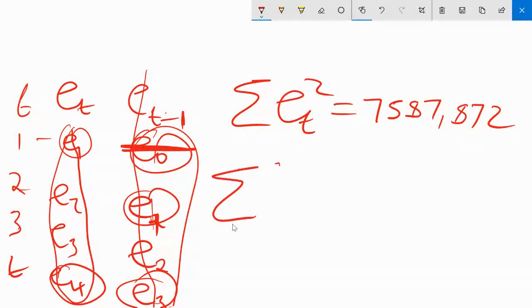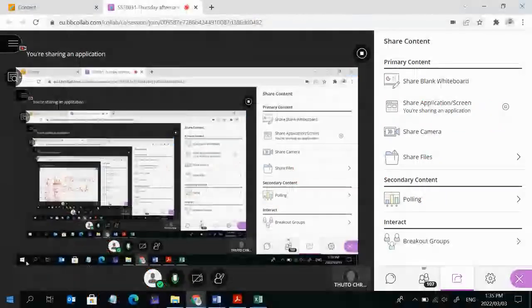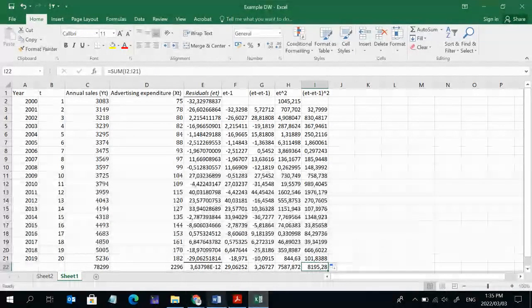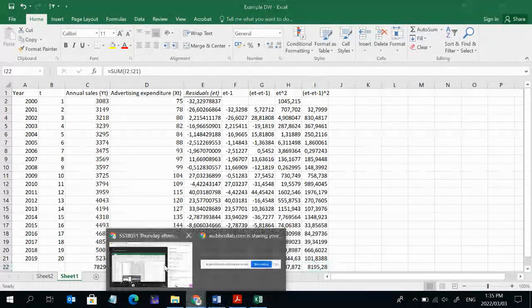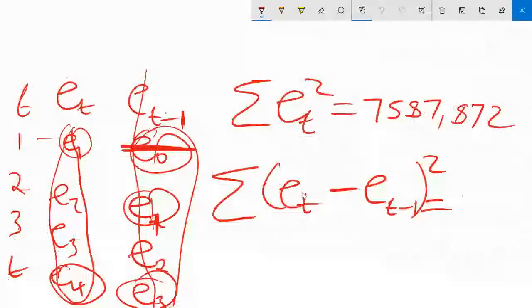So it's the sum of ET minus ET minus 1 squared. So we have this now.